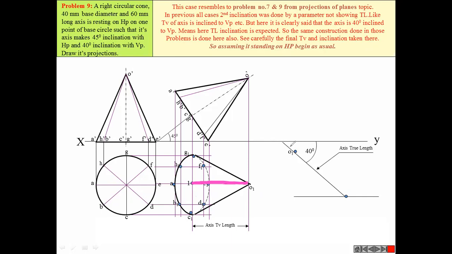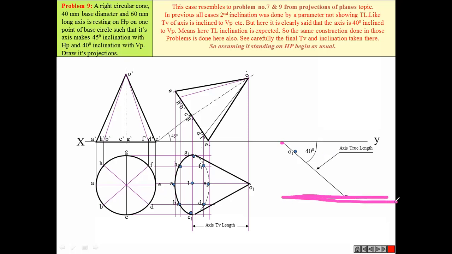So we need to make the angle with respect to the true length. It is given that way only, but we don't have that dimension, because we have already changed the orientation. So we need to use this orientation only, and we know how to use that through the concept we learned in projection of lines: if you rotate one line keeping one point fixed, then the other point will travel in a straight line only.